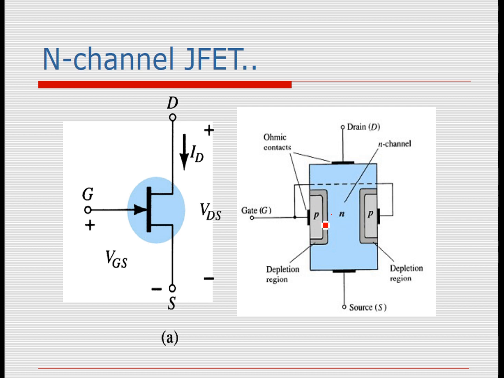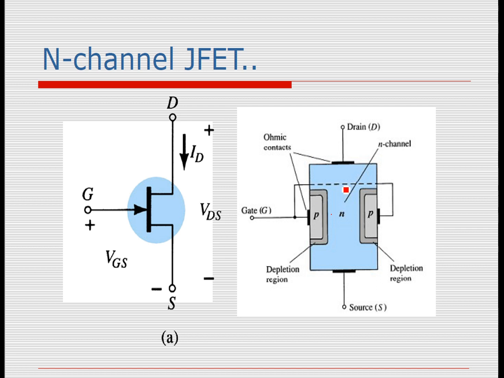This is one p-n junction, and this p and n is another p-n junction. The region between these two p gates is called the channel. Since this channel is in the n-type bar, the FET is known as an n-channel JFET.